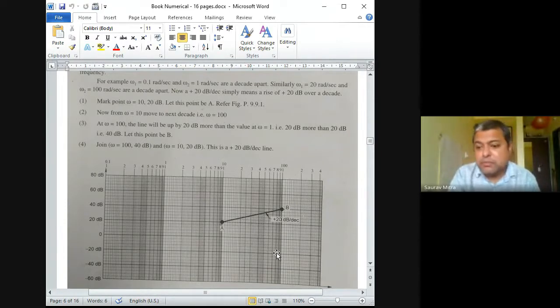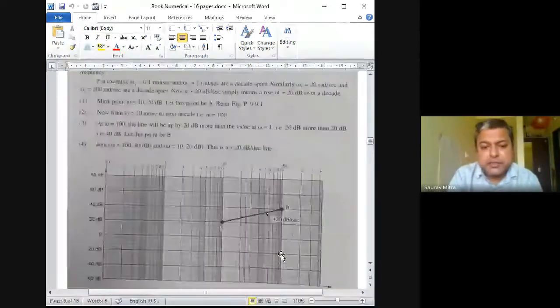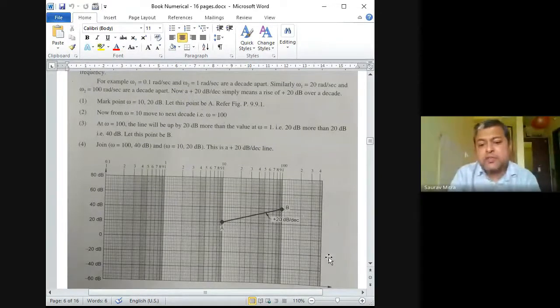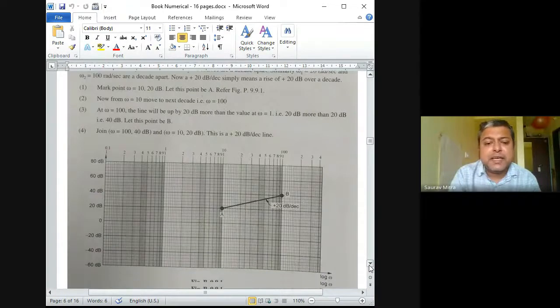That means it will come to minus 20. So 20 minus 40 is minus 20. If you join point A and this point, which is 100 comma minus 20, this slope will be for 1 by s square. So 1 by s square has a minus 40 dB per decade slope. Joining A and this point will give you minus 40 dB per decade. This is a very important thing.